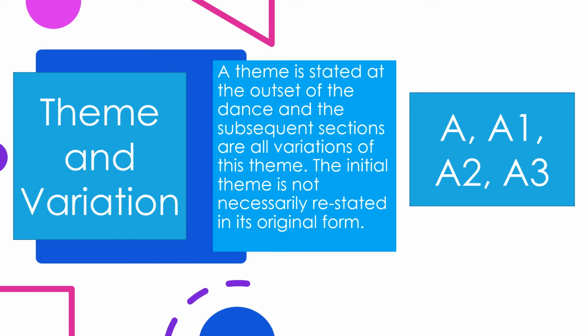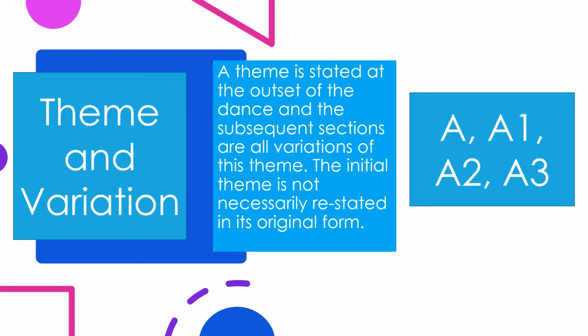Okay, theme and variation. This one's quite difficult to get your head around. A theme is stated at the outset of the dance, and the subsequent sections are all variations of this theme. The initial theme is not necessarily restated in its original form. So A, our first piece, is the original theme that you want to show.